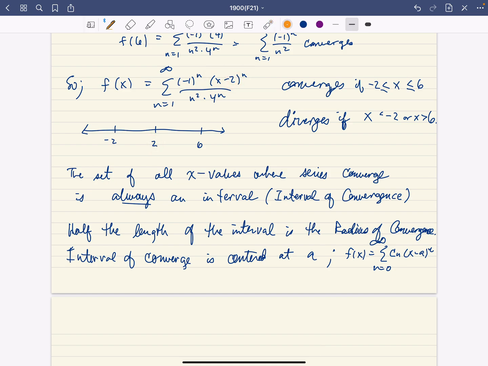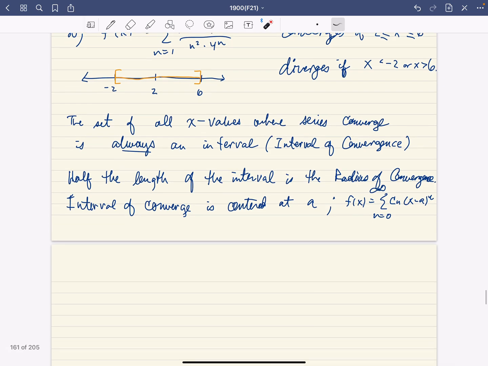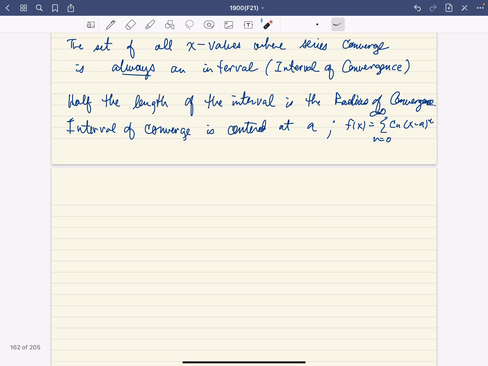And so here, this converged for these yellow values from negative 2 to 6, including the endpoints. Whether we include the endpoints or not, this interval is still going to be centered at 2. Okay. So that's the interval of convergence. That's the radius of convergence. We denote the radius of convergence by using a capital R.